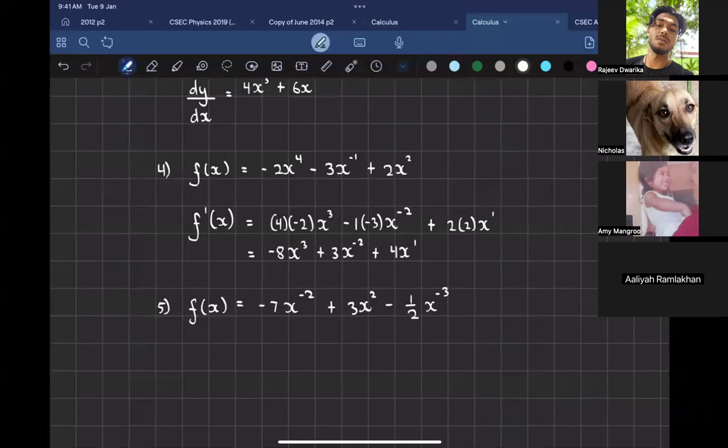So Amy, checking it out. You differentiate minus 7x to the power minus 2 correctly. You differentiate 3x squared correctly. And the last one, check that back. If the minus 3 is multiplied by the minus a half, a minus by minus is a plus. See, I have minus.